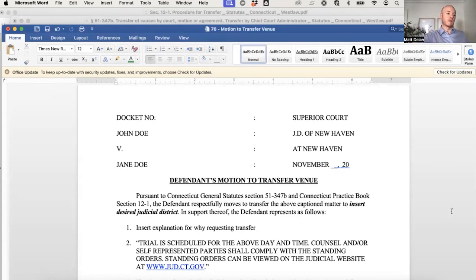Or maybe the child has moved across the state with one of the parents and they want to have the case in the jurisdiction where the child currently lives, because that's easier for the family relations office of that courthouse. They don't have to do a home visit across the state. They can do a home visit that's closer if it's transferred to the court and family relations office closer to where the child lives.